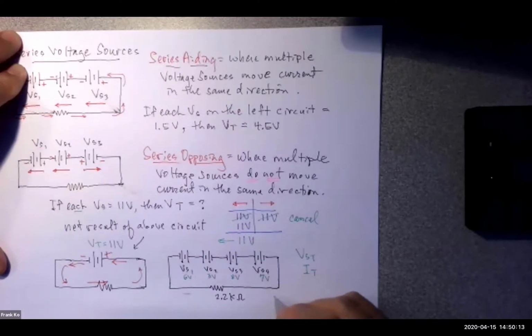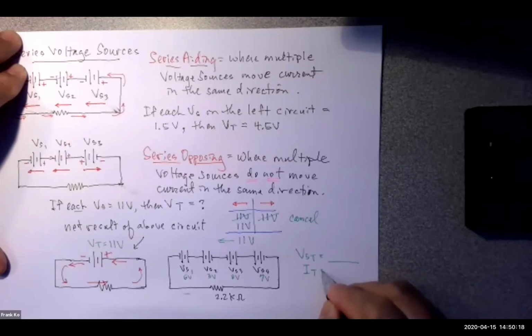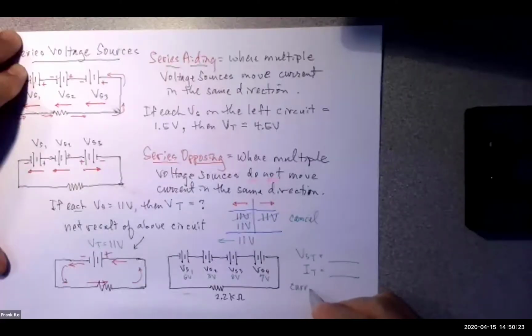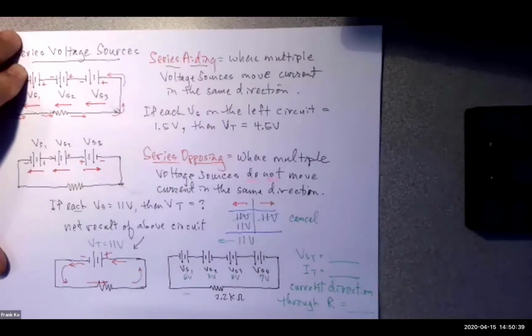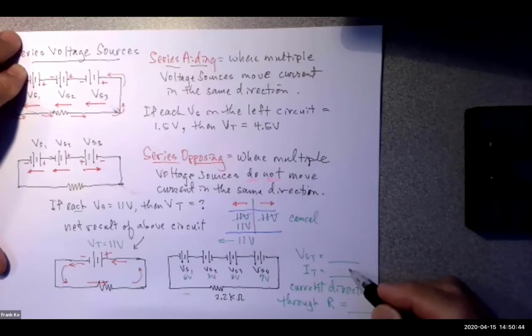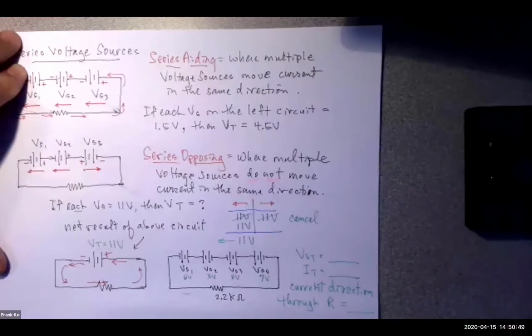And we want the value of VS total, we want the value of I total, and we want current direction through R. Okay, I'm looking for those things: a value of total voltage, a value of total current, and what is the direction? Is it up, down, left, or right through the resistor?